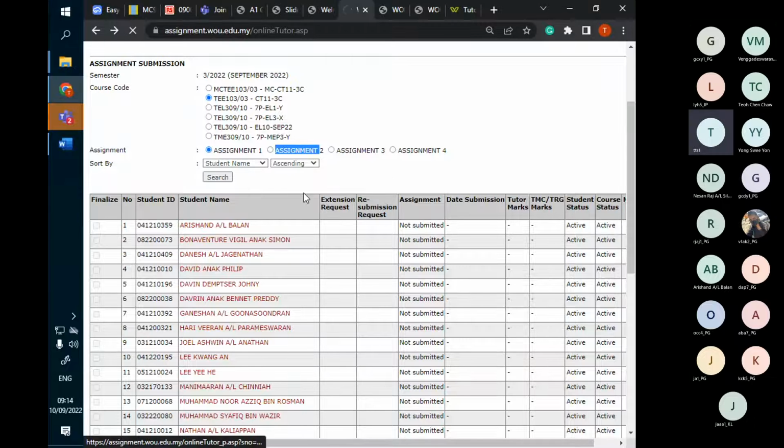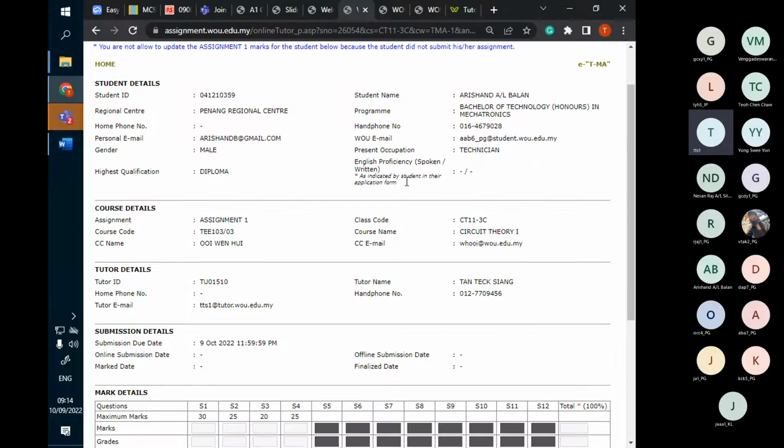And one more thing I should point out to you right now is this. Even though it's my email, I seldom check this mailbox. And this lady, Oi Wen Hui, is our CC, our course coordinator. CC stands for course coordinator. Probably sometimes you can reach her.